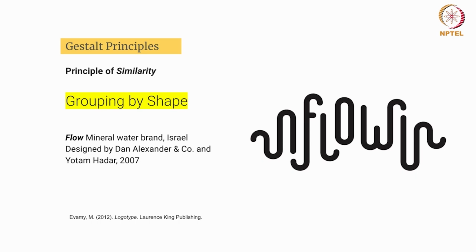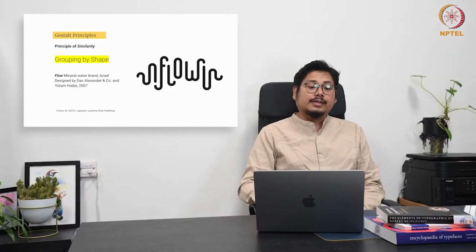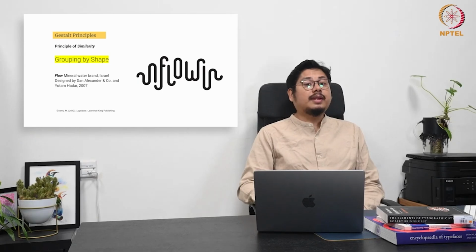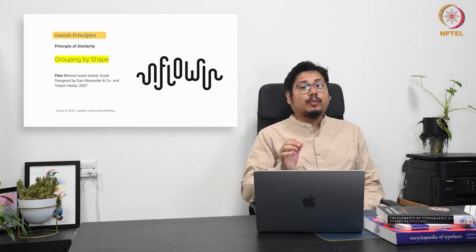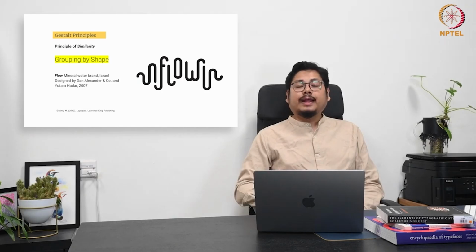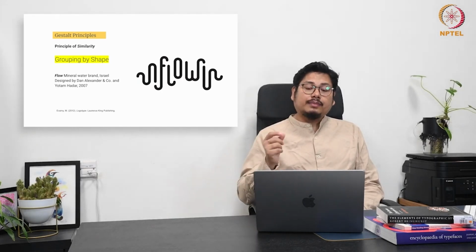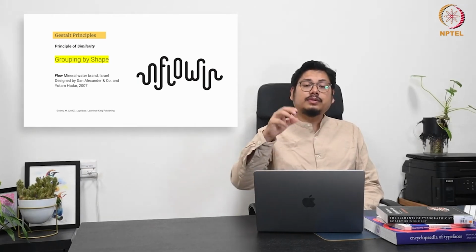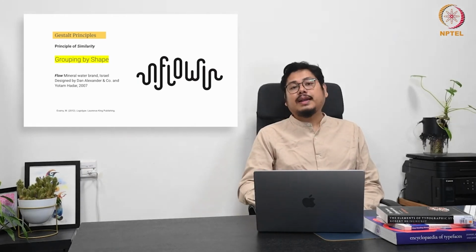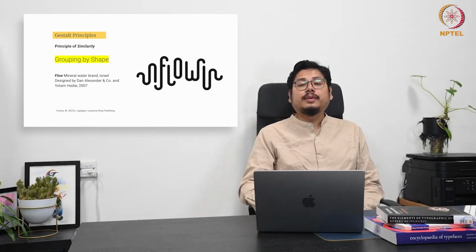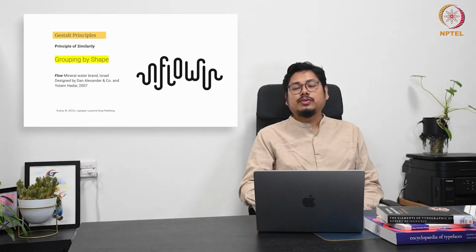This is a very good example where you can use Gestalt's principle of similarity, maintaining the same shape while exploring the logo. Even though the element shapes can be different, if the stroke shape is similar throughout the logo, it will look more balanced and more connected as a whole, and the idea of unity will be projected in a more harmonious way. This is another interesting take you can consider while designing a logo. Make sure you use the stroke.